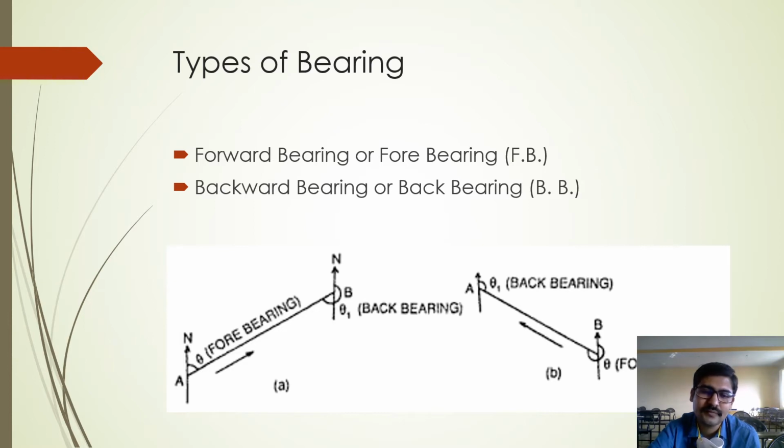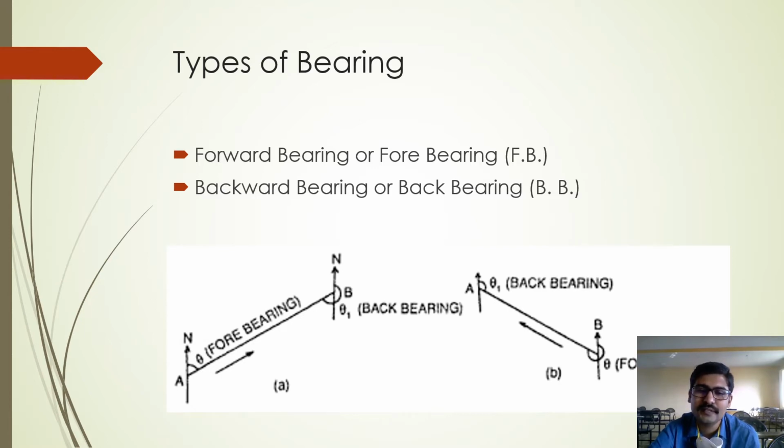The angle between that north line and the line AB is written as theta, and theta is the fore bearing. Why is it fore bearing? Because A is the starting point of the line, and bearing is measured at A.